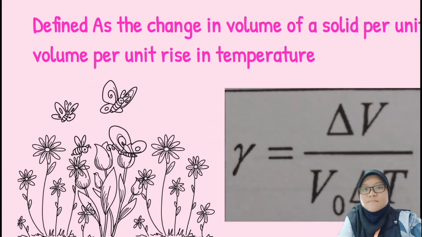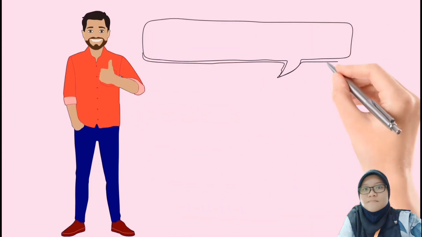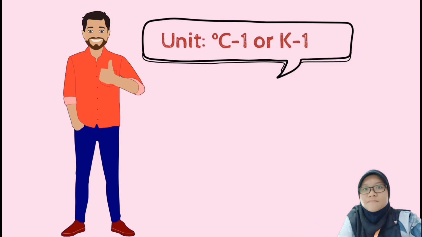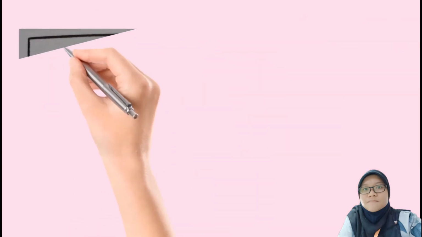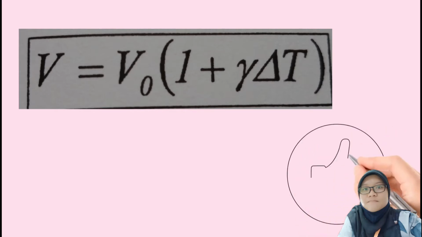The unit for gamma is also degree Celsius^-1 or Kelvin^-1. The volume of an object at a temperature T can be written as volume equals volume initial times 1 plus gamma times change in temperature.